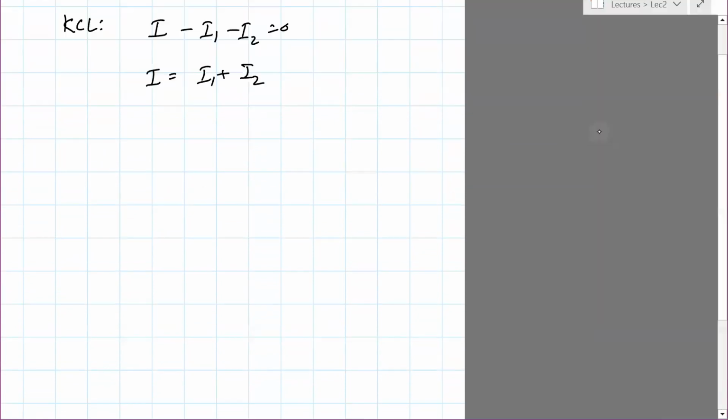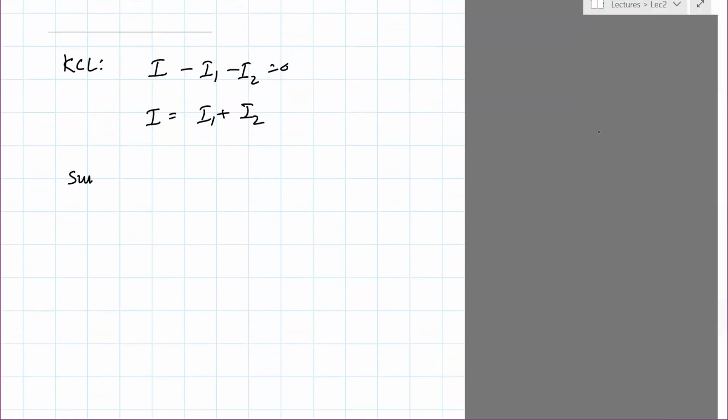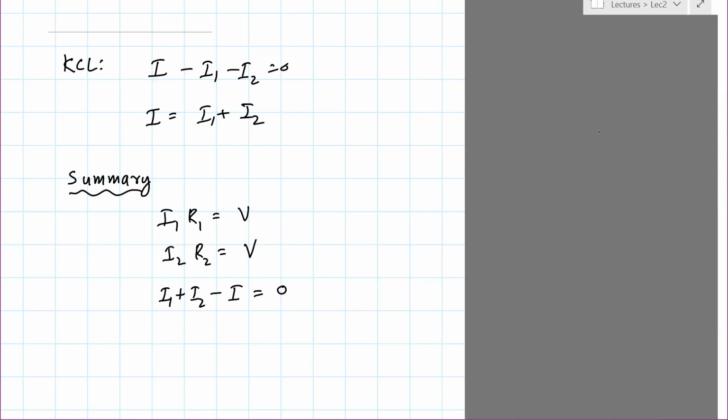So in summary, these are my equations. Let me write it as I1 R1 equals V, I2 R2 equals V, I1 plus I2 minus I equals 0. And I just wrote it down so that the unknowns are on the left side and the knowns on the right side.